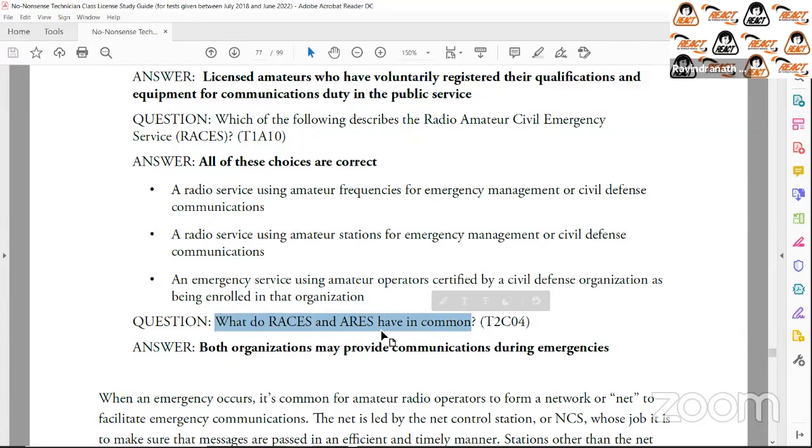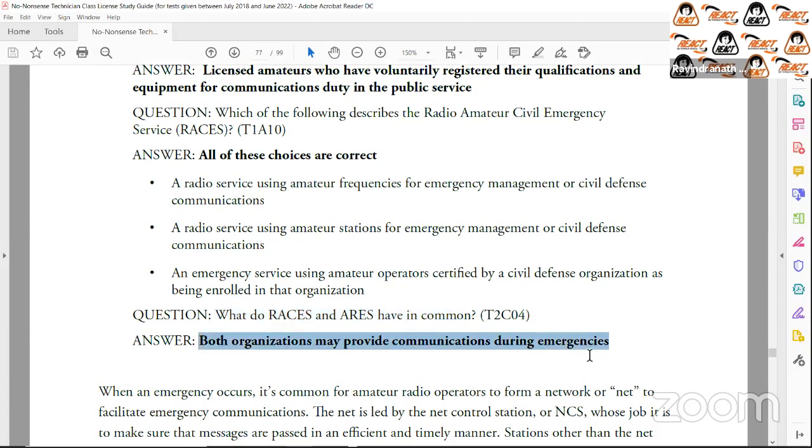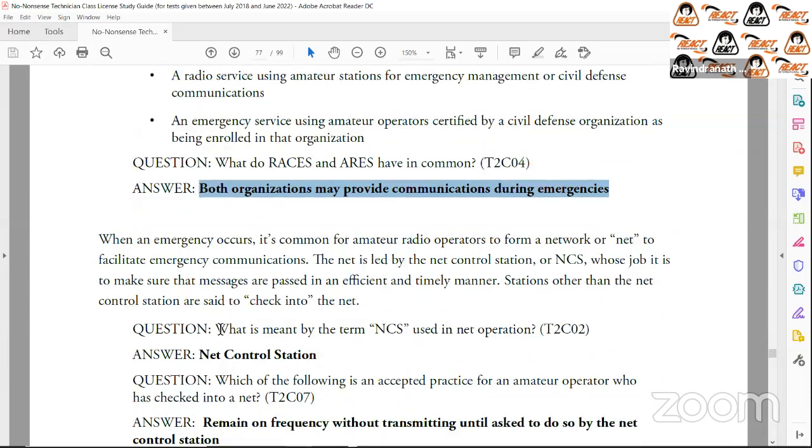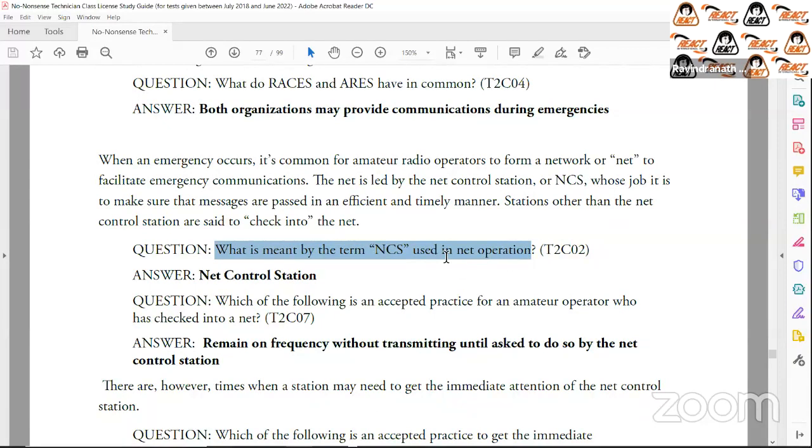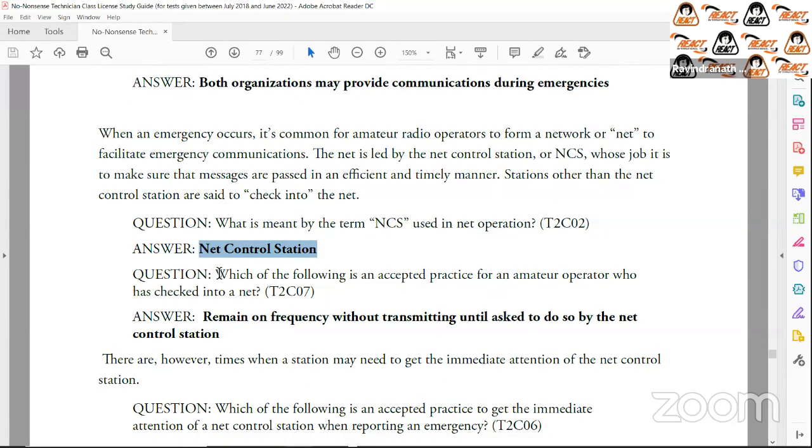What do RACES and ARES have in common? Well, both of them may provide communications during emergencies. What is meant by the term NCS used in net operation? NCS simply means Net Control Station.